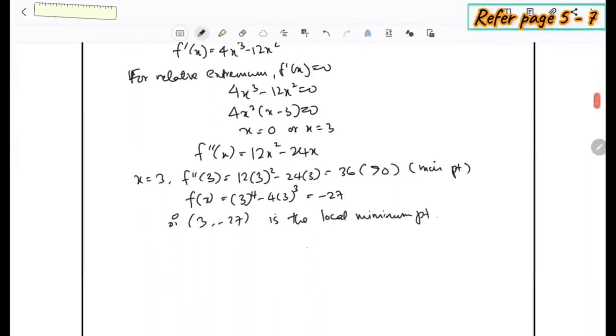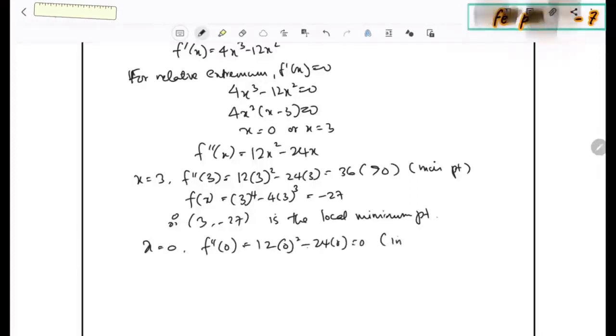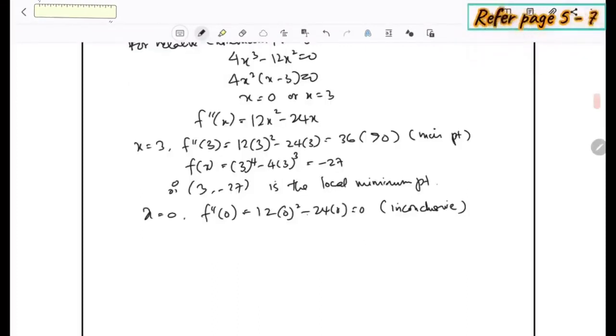Next, we look at x equal to 0. So f double prime 0, we will have 12 times 0 squared minus 24 times 0, which is 0. So this is inconclusive, so we need to use the first derivative test. So plot the table.